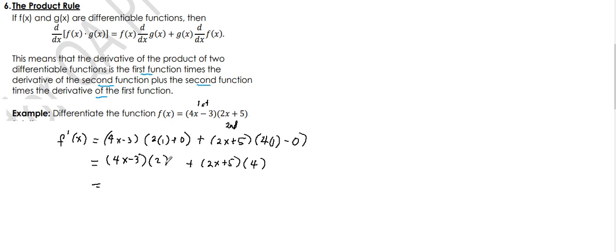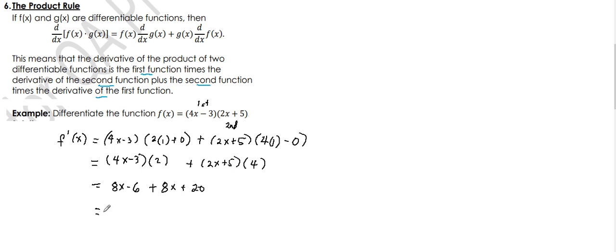Now, i-distribute natin yung ating pong 2 sa bawat term sa loob ng ating parenthesis. So, we have 4x times 2, that is 8x, minus 3 times 2, that is 6, plus 2x times 4, that is 8x, plus 5 times 4, that is 20.